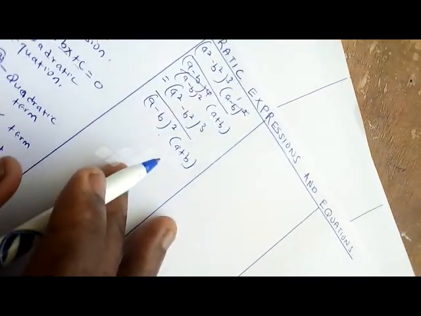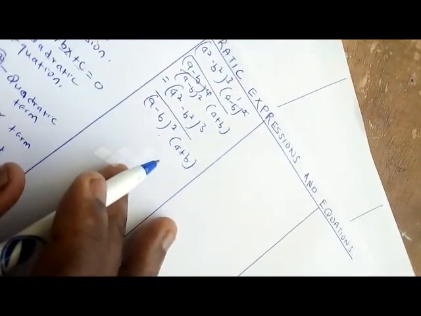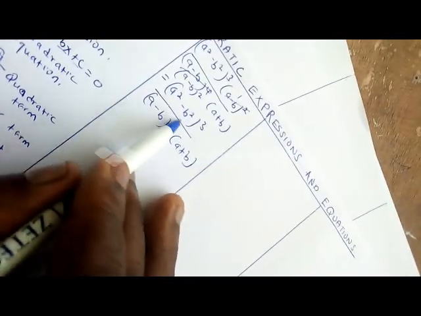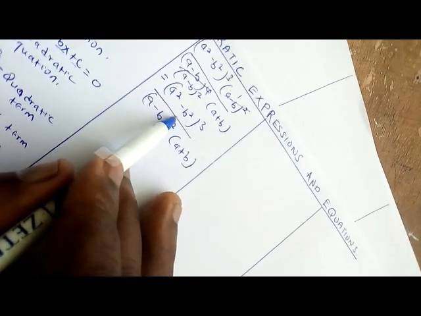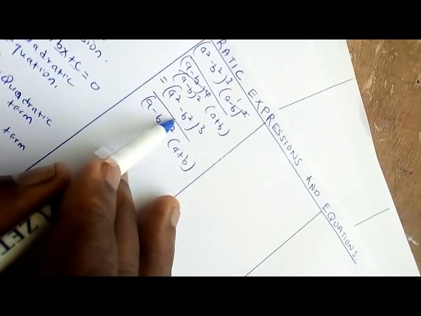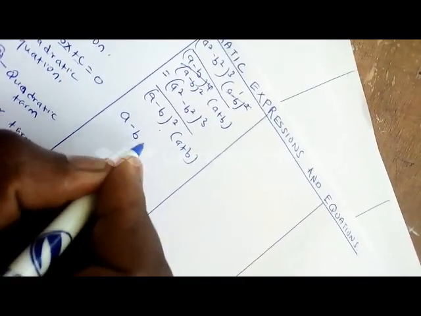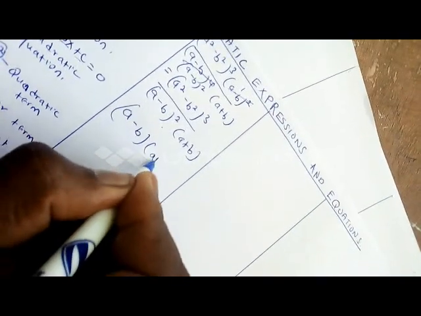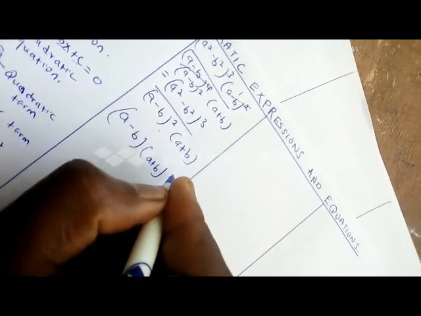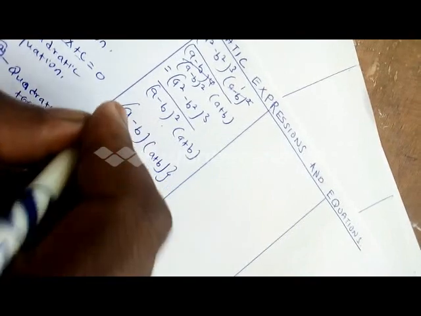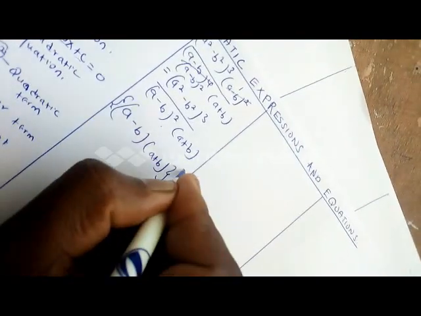So up to that point, you can look at this part and you see inside it contains the difference of two squares. So it is (a minus b)(a plus b), all of them raised to power 3.